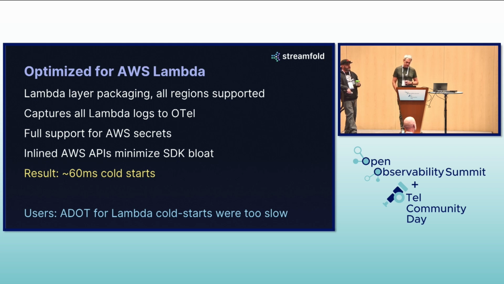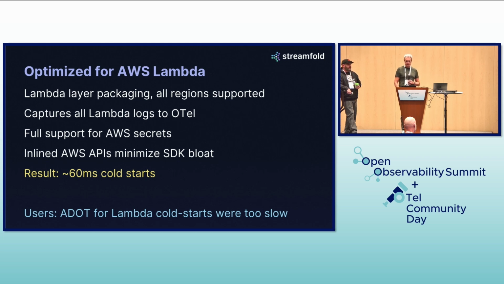Full support for secrets, so you don't have to embed that into your config. And some of the tuning we did was we found that pulling in the AWS SDK added a lot of bloat to the binary size and was a bit slower. But the end result is that, just out of the gate, we got this down to about 60 milliseconds for cold starts.